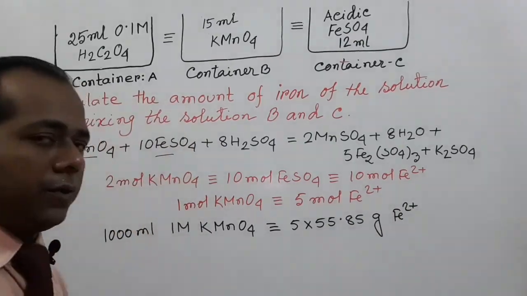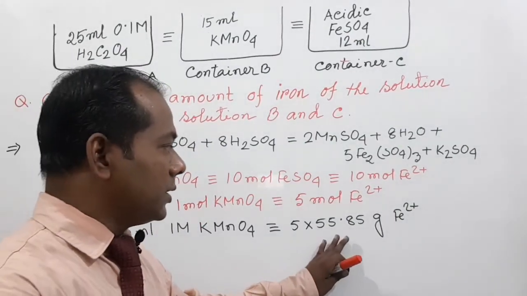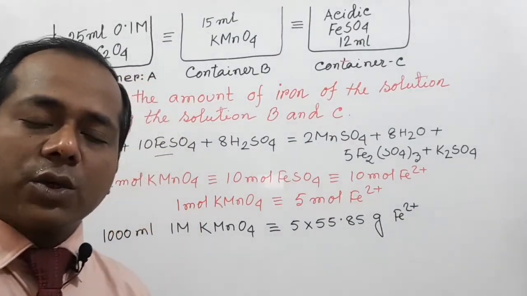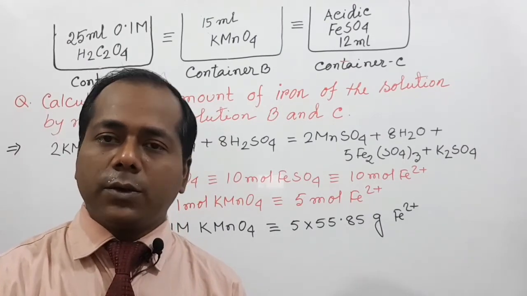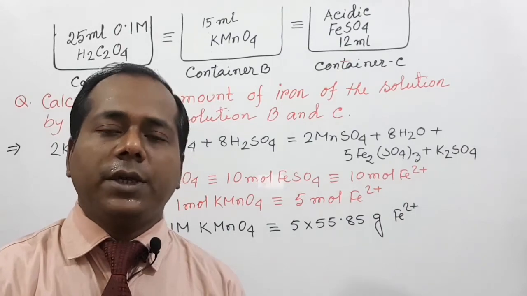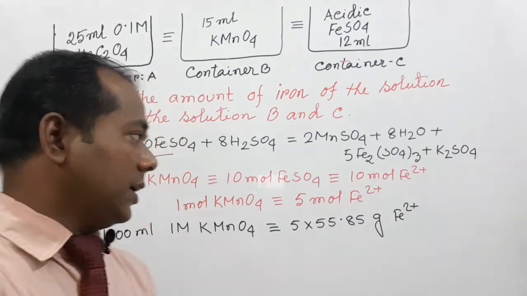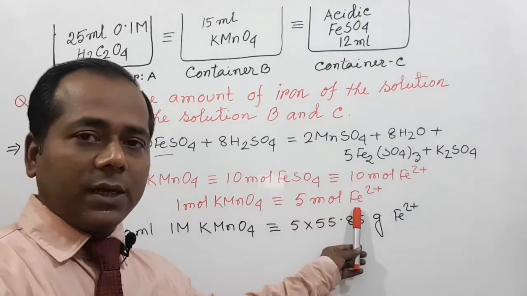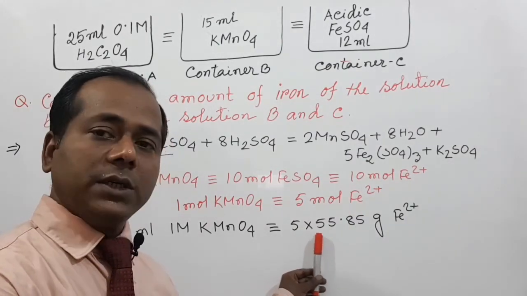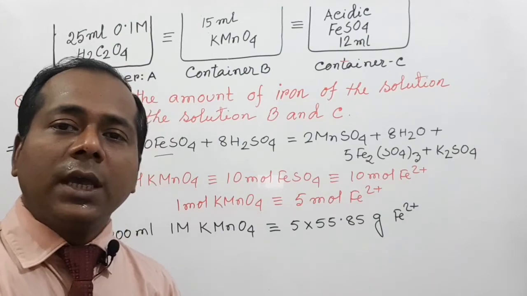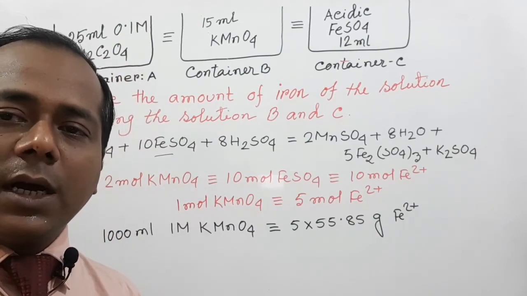Why do we write 55.85 gram? Because we know that the atomic mass of iron is 55.85 gram. Here 5 mole ferrous ion is present, so we write here 5 into 55.85 gram Fe2+.